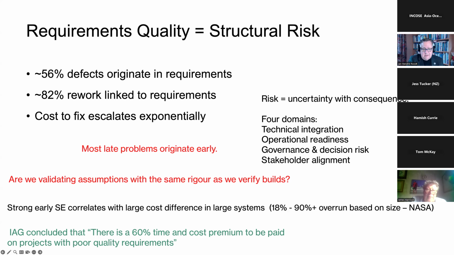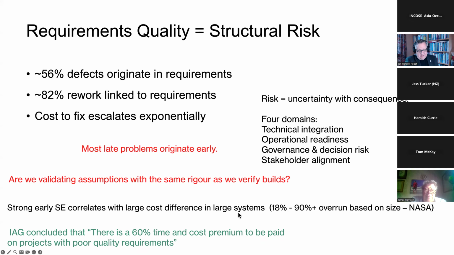And this brings us to the situation where we find, as I said there, that 82% of rework is linked to requirements. It was surprising, because I knew this, but it was good to read it again in a NASA paper, that on small projects, a strong systems engineering effort at the front end correlates with large cost differences.